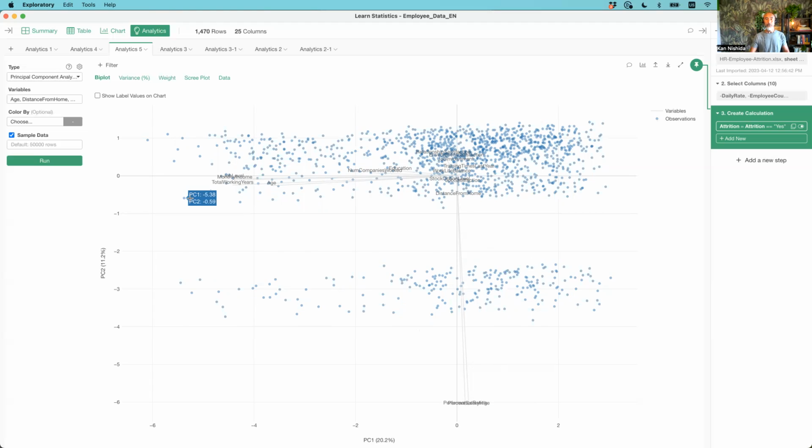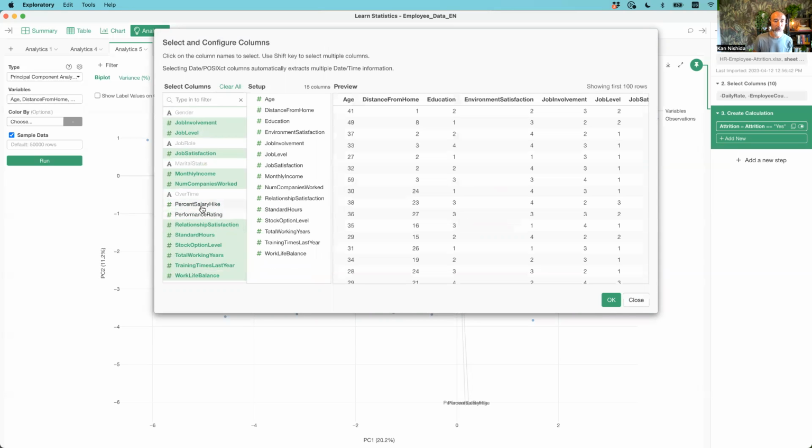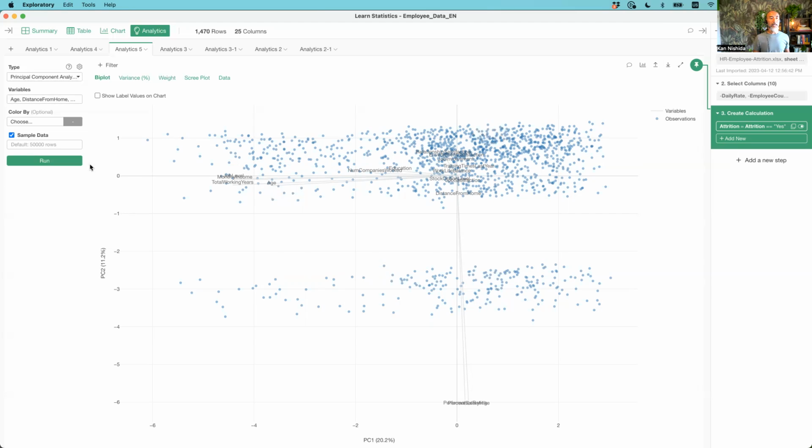So we can visualize the relationship among the variables, but also between variables and employees, or roles in this case. I'm going to remove performance rating and percent salary hike, these two variables, and then click OK and then run.